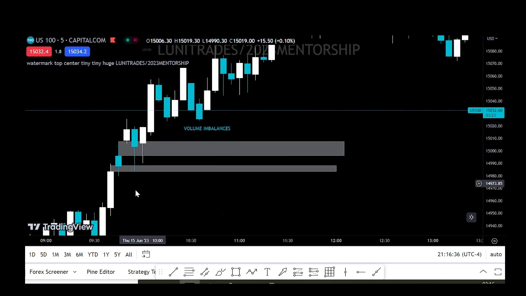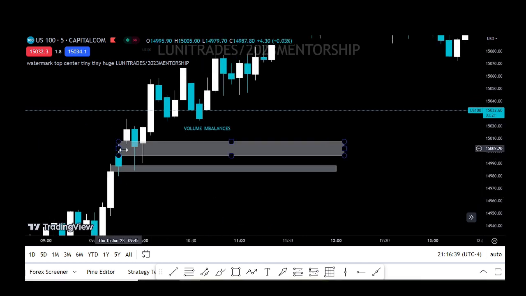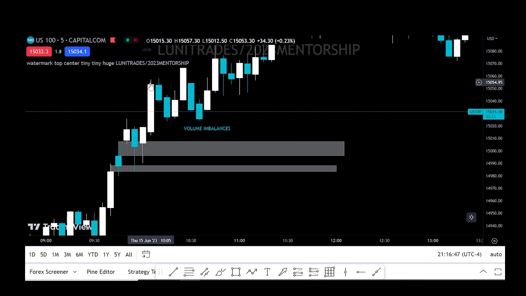How would you know volume imbalance? If you see candles, look at these candles first. The top is meeting with another body, right? This is meeting with another body. They are all meeting with their bodies.